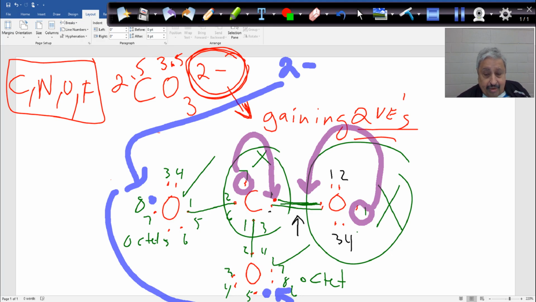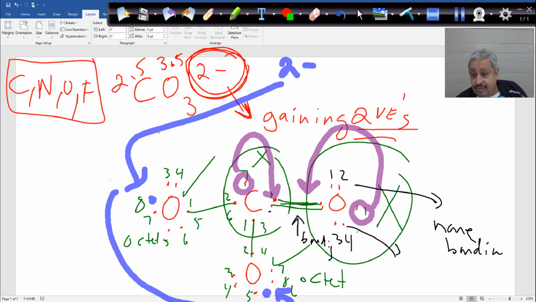So this is called bonding VEs, and those are called non-bonding VEs, or sometimes called lone pairs, or lone or orphan pairs.